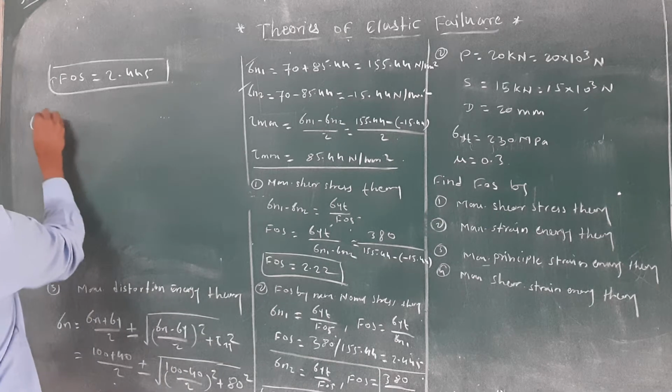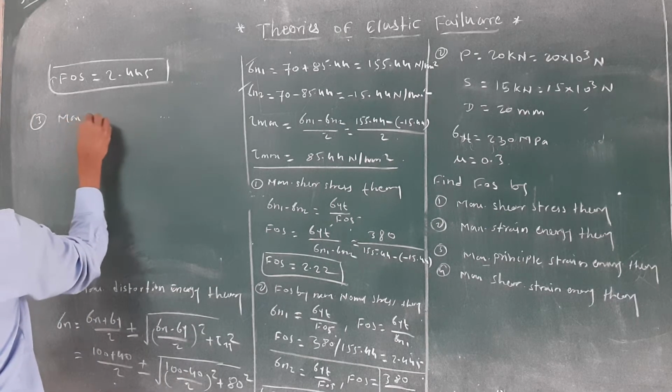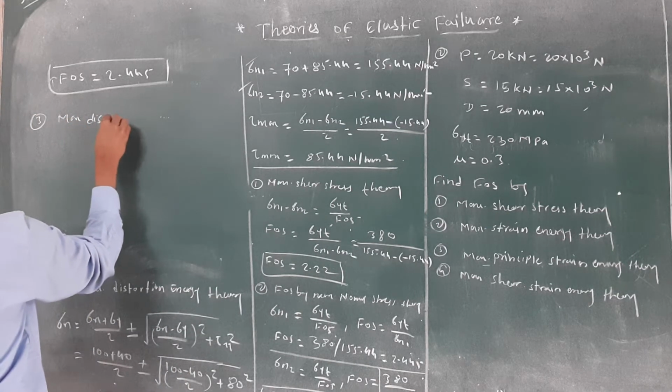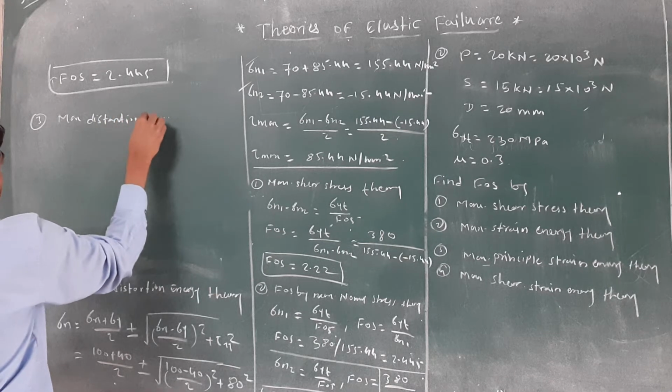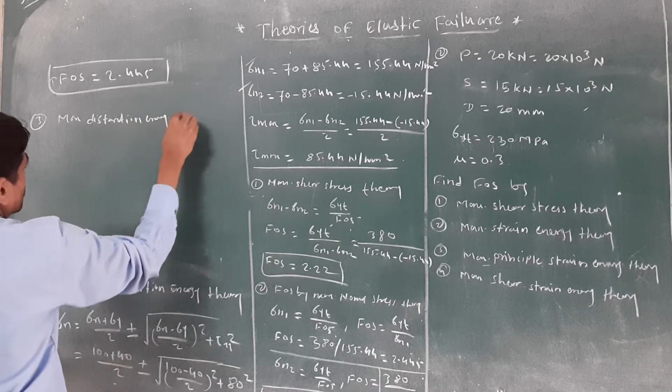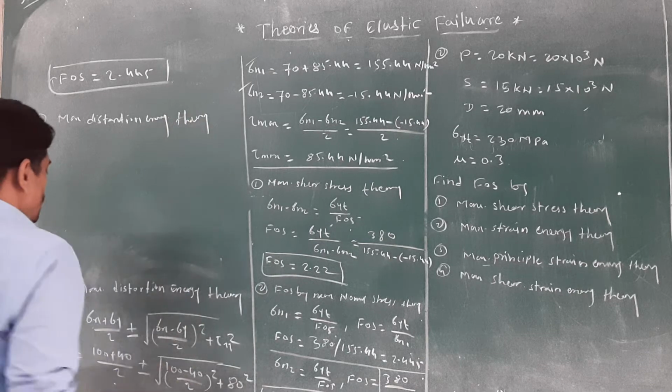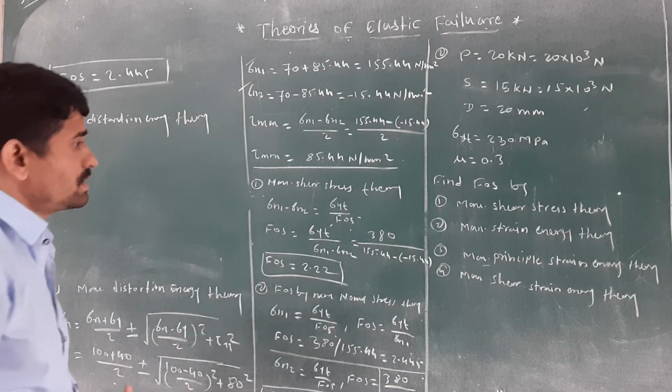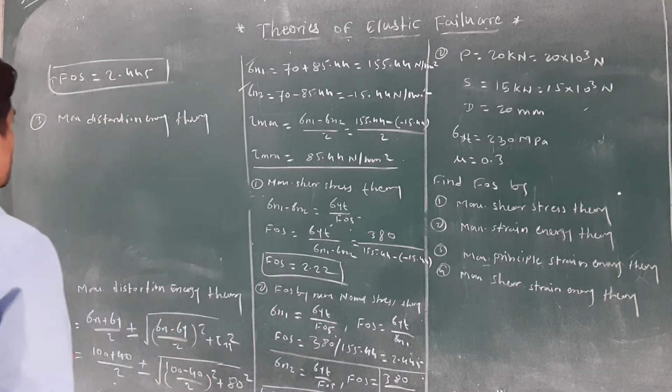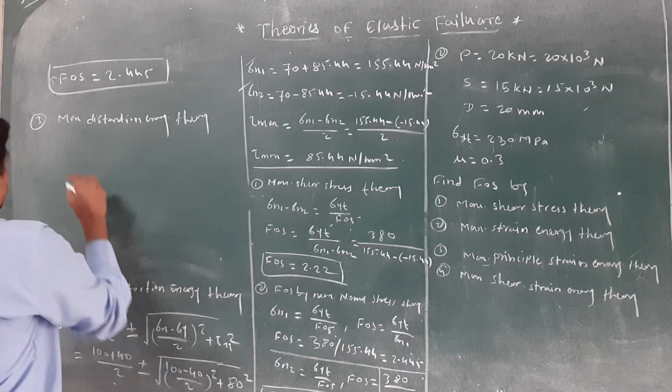Third is the maximum distortion energy theory. How to calculate the factor of safety for the maximum distortion energy theory?